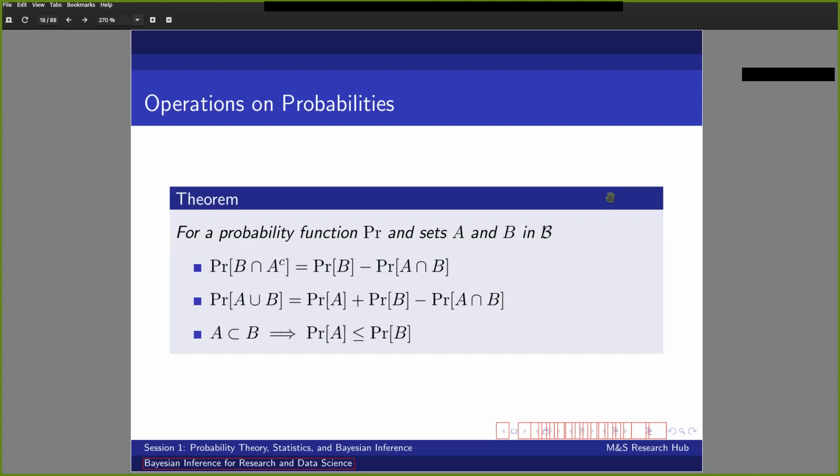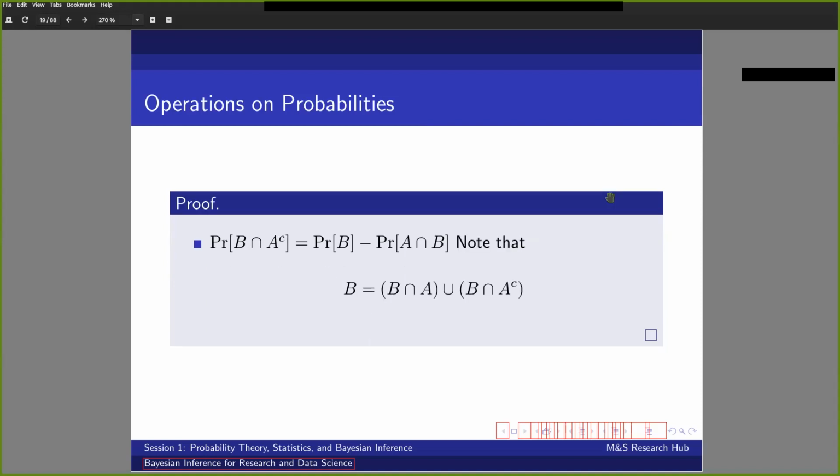And last, A being a subset of B implies that the probability of A is less than or equal to the probability of B. So first, we must note that we can rewrite B like so.